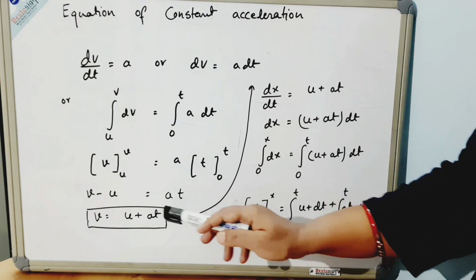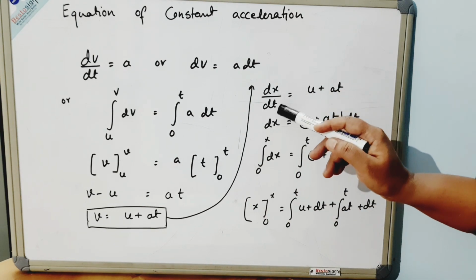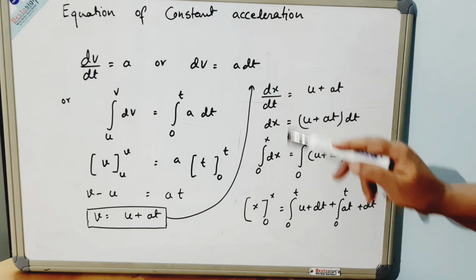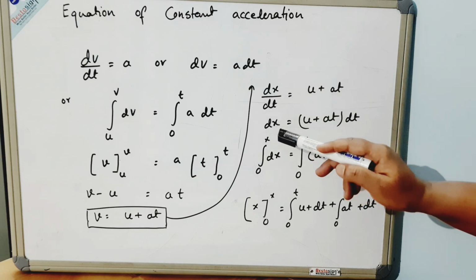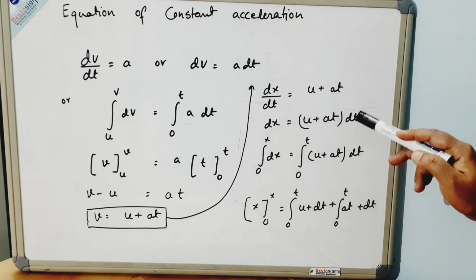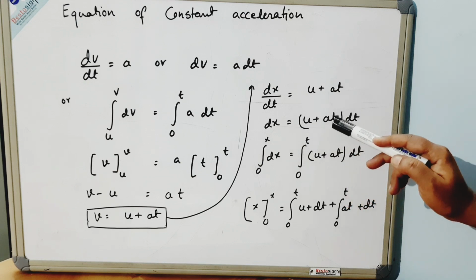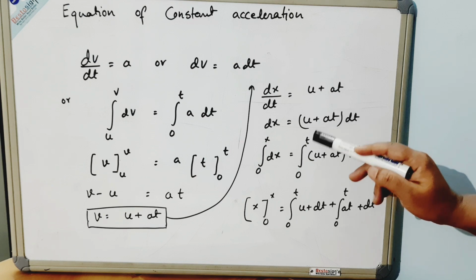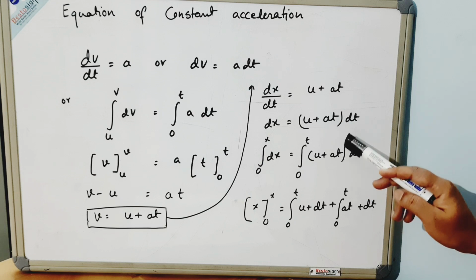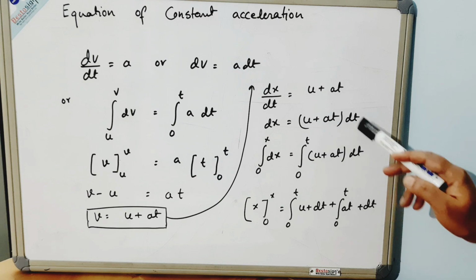This equation v is equal to u plus at we can also write in this format: dx by dt is equal to u plus at, where x is the distance covered. When we take this dt to the other side, we can write dx is equal to u plus at in brackets dt. At t equal to 0, the particle is at x equal to 0, meaning when the time is 0, the distance covered is also 0. As the time changes from 0 to t, the position changes from 0 to x.